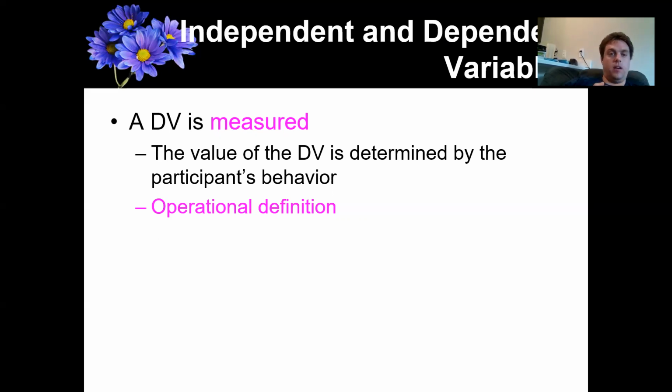And this is also going to be our operational definition, so how we decide to quantify whatever process, thinking, or behavior we're interested in. Okay. So in our cell phone example, this would be, say, the number of mistakes made or the number of stop signs missed. Something more precise is better.